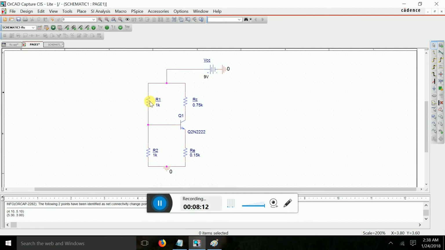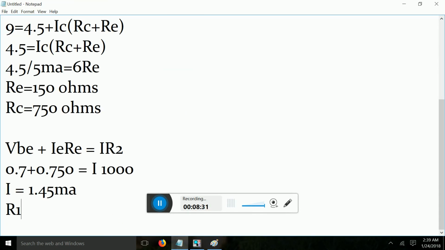So the current across here we know, and we also know the potential drop across R1, which is 9 minus 1.45, means R1 into I equals 9 minus 1.45.